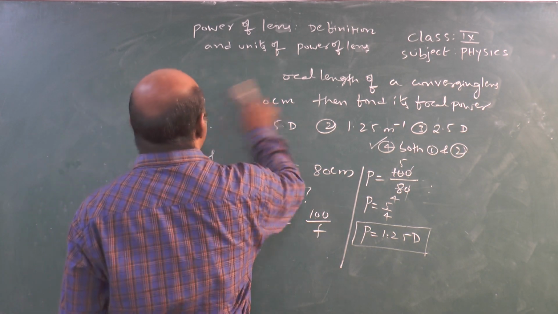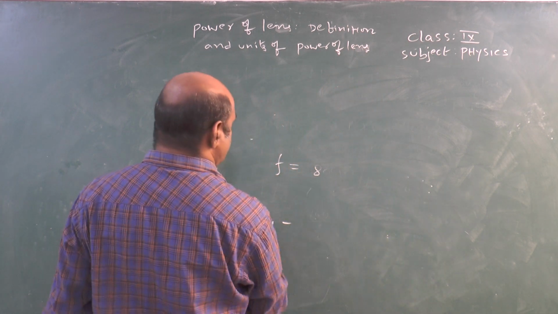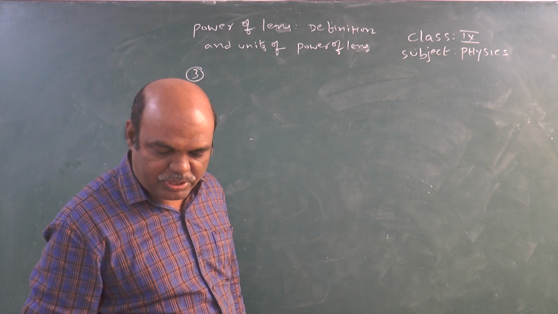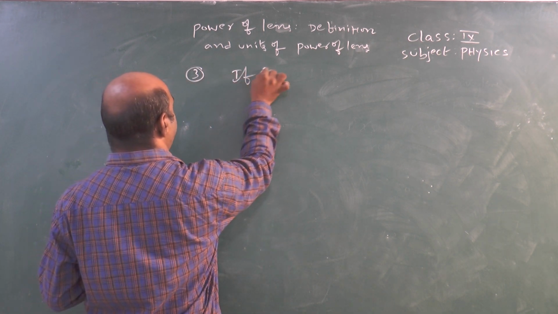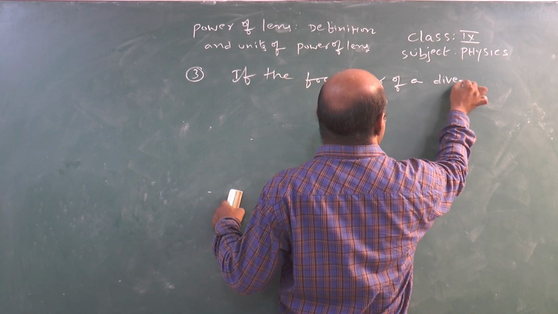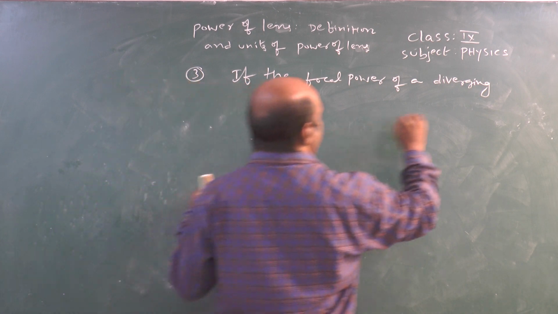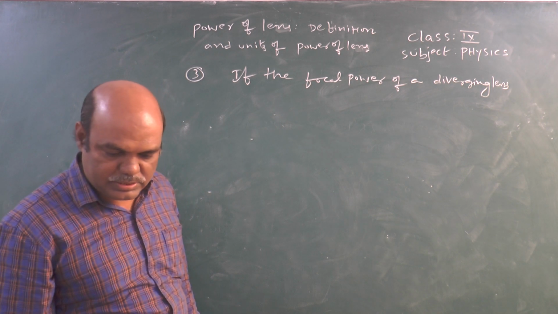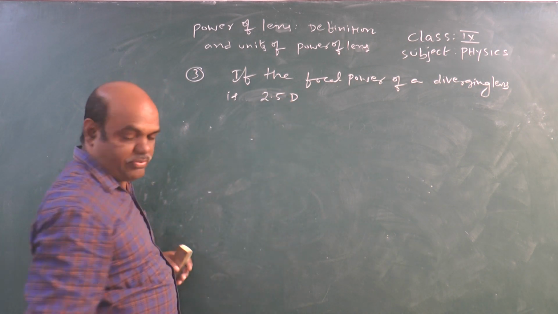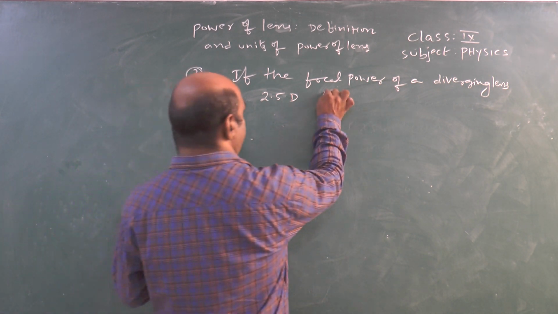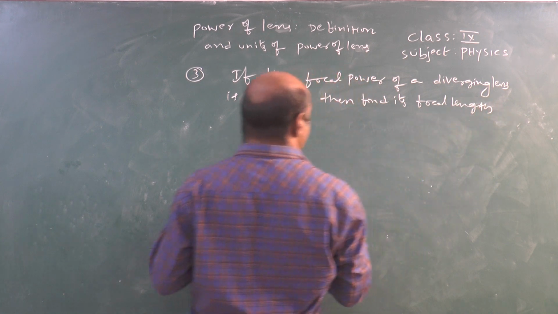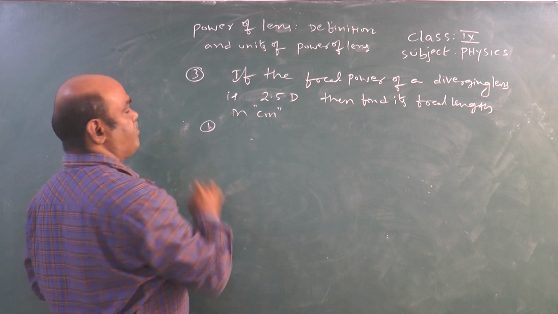Next, third problem. If the focal power of a diverging lens is 2.5 diopters, then find its focal length in centimeters.